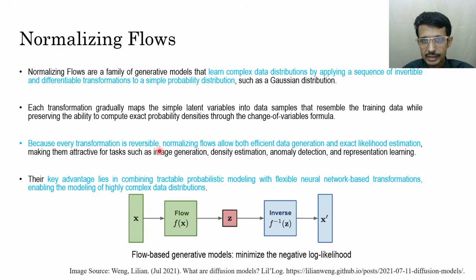Because every transformation is reversible, they allow both efficient data generation and exact likelihood estimation, making them attractive for tasks such as image generation, density estimation, anomaly detection, representation learning, and so on. The main advantage lies in combining tractable probabilistic modeling with flexible neural network-based transformations, enabling the modeling of highly complex distributions. So these are flow-based generative models, minimizing the negative log-likelihood.